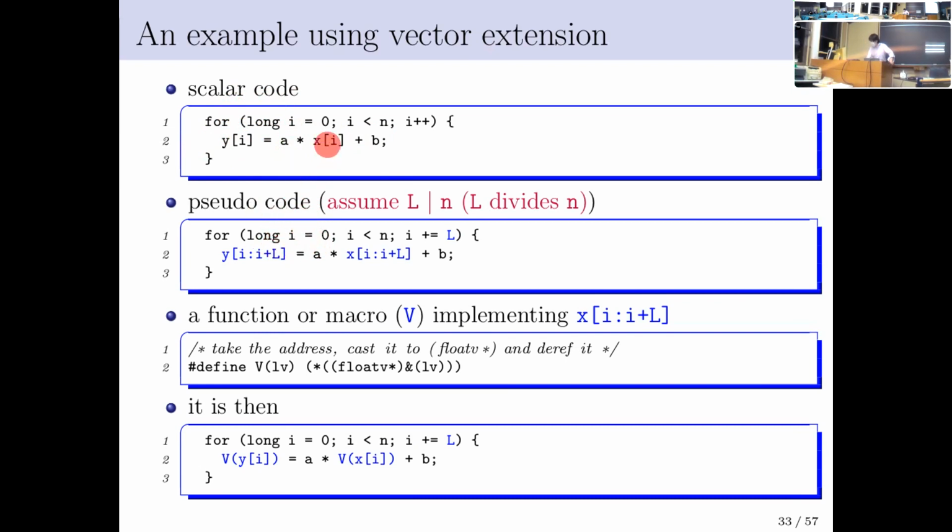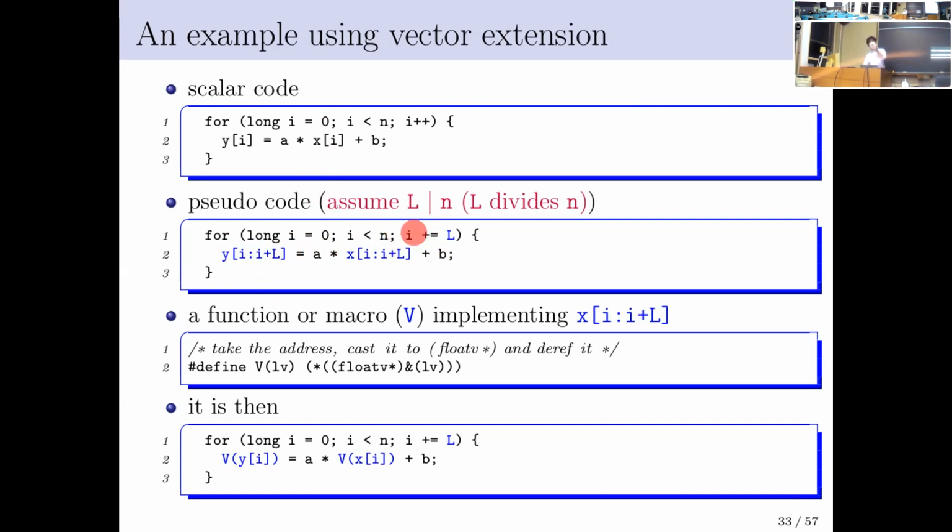You want to execute iterations from i to i plus L at the same time, right? This is basically what vectorization is all about. So you want to convert this loop into something like this, where i is incremented by L each time, and in a single iteration, you work on L iterations at the same time.